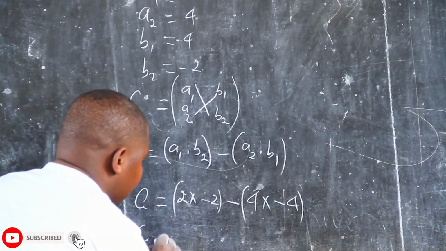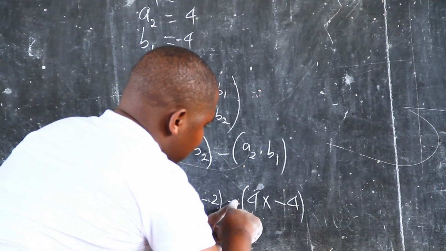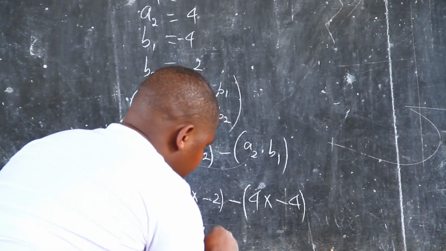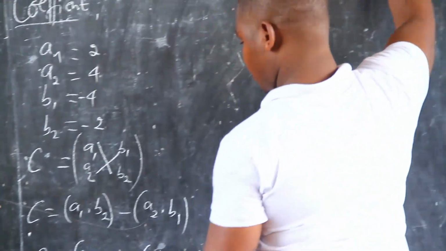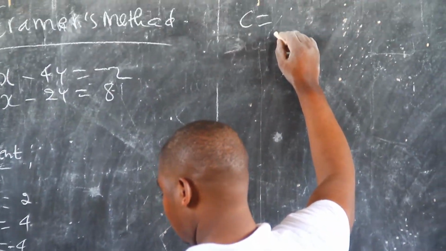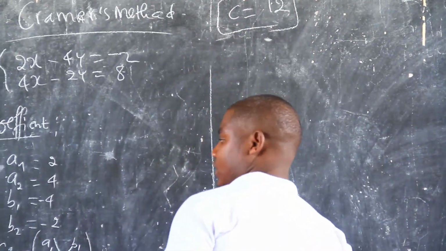Then negative 4 minus, negative times negative equal positive 16. Then the coefficient will be equal to 12. This is the value of the coefficient.